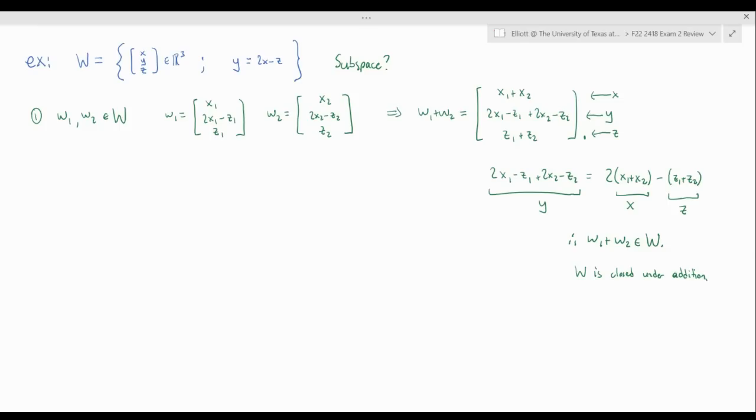Now that's not enough to say that W is a subspace though, because to be a subspace, it also has to be closed under scalar multiplication. So we need to check that next.